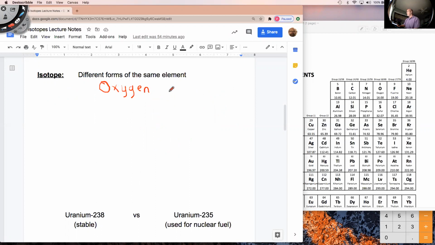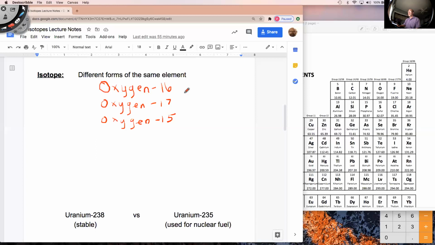You have oxygen 16, which is one type of oxygen, and then we have oxygen 17, and we have oxygen 15. Now, all of these are oxygen, but they're different isotopes. Just like the Coca-Cola, you had different types of Coca-Cola. We have different types of oxygen, and those different types of oxygen are called isotopes.